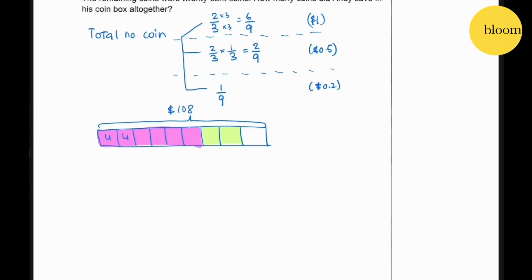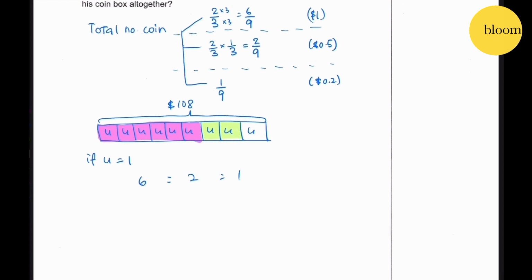So 1 unit, 1 unit, 1 unit, 1 unit, 1 unit, 1 unit. If 1 unit equals 1 coin, therefore we have $6 from the $1 coins, and the 50-cent and 20-cent coins, which adds up to $7.20.